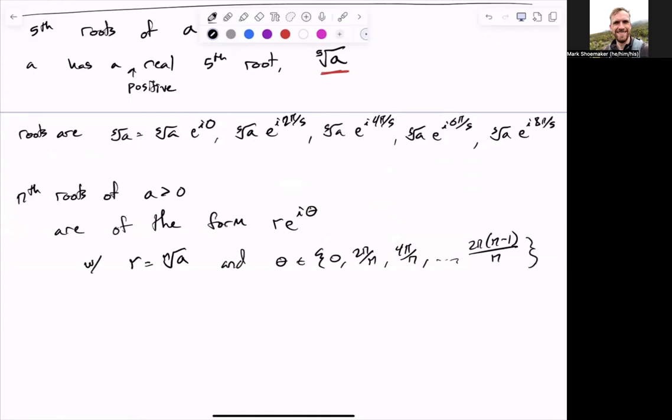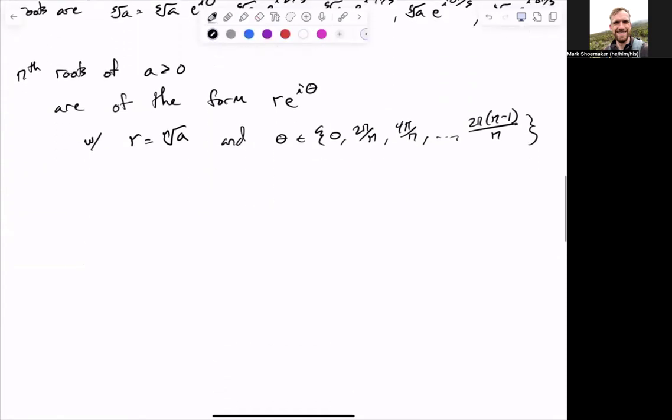And then if I went one more to 2 pi times n over n, that would be 2 pi, and that would be something I've already gotten written down. Okay. So that's how you find roots of positive numbers.